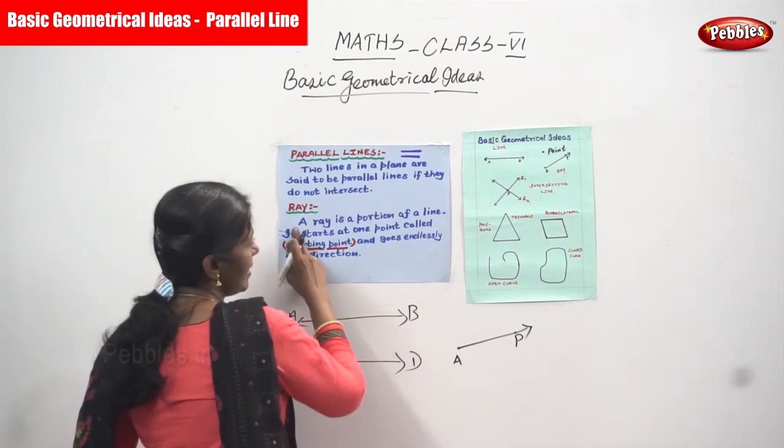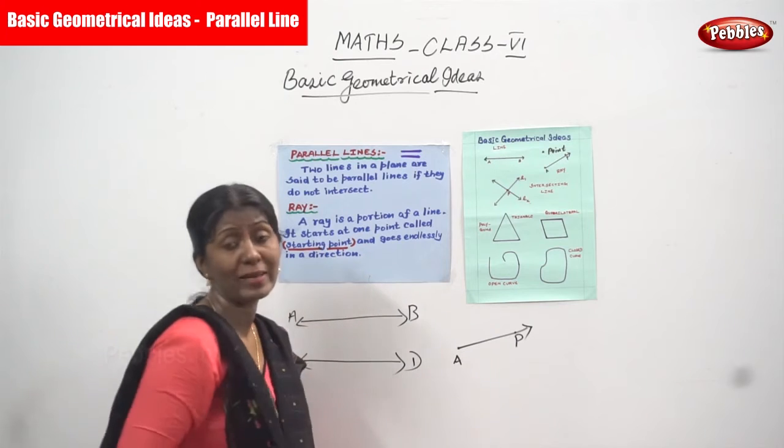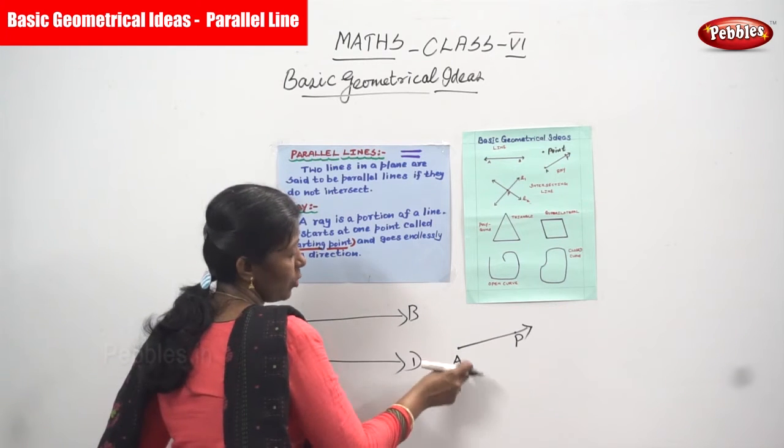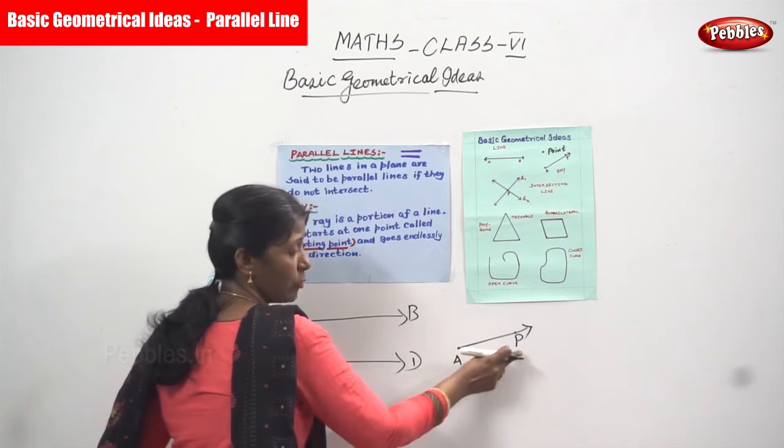Repeat once again: a ray is a portion of a line, and it starts at one point. I've drawn the diagram.